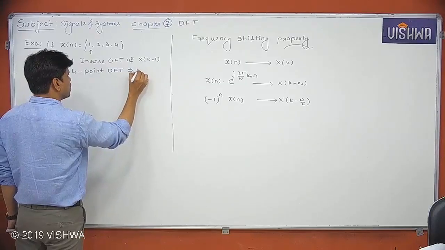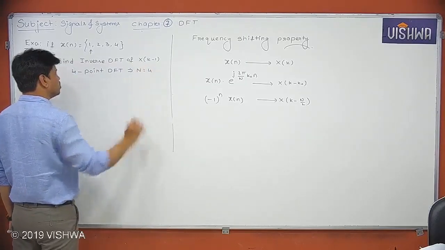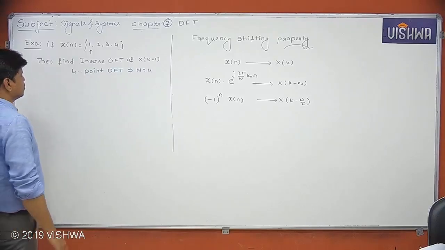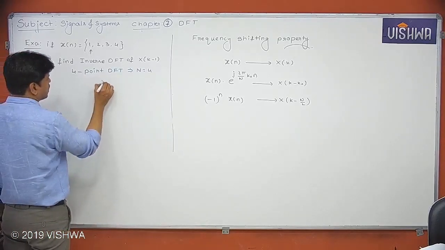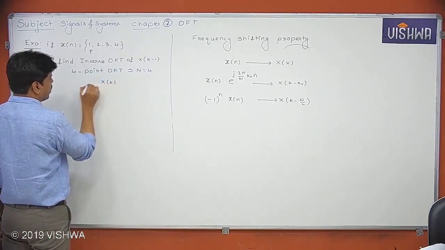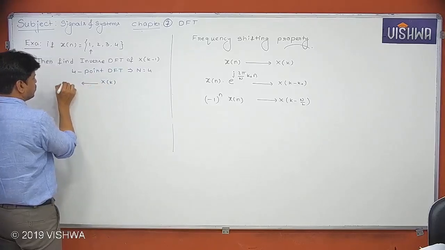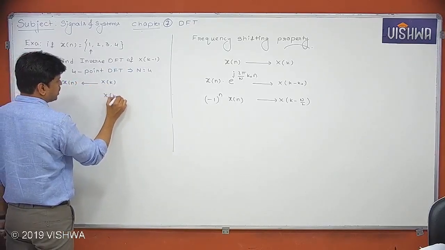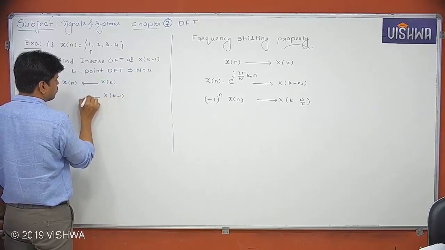Implies capital N is equal to 4. See here, for X of k minus 1, we are having the inverse DFT, small x of n. What is the inverse DFT?